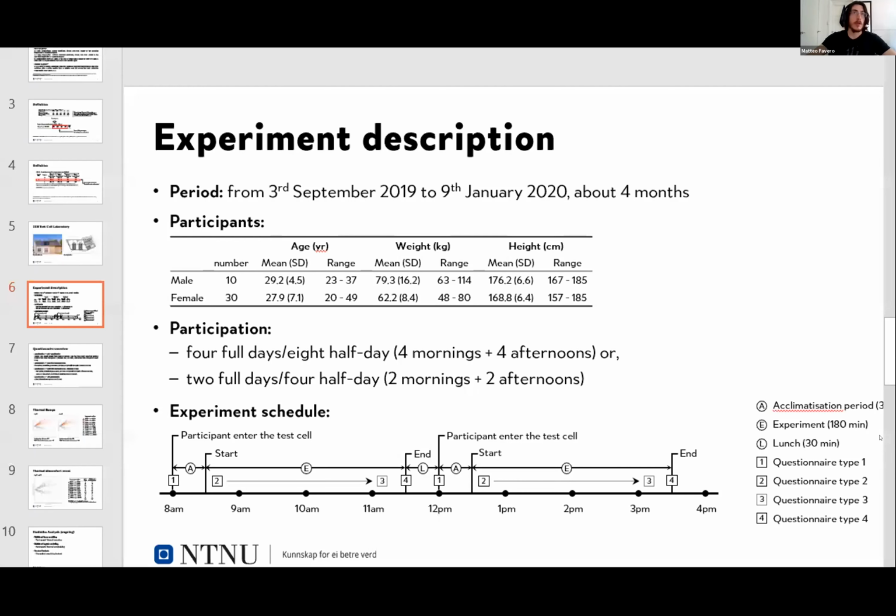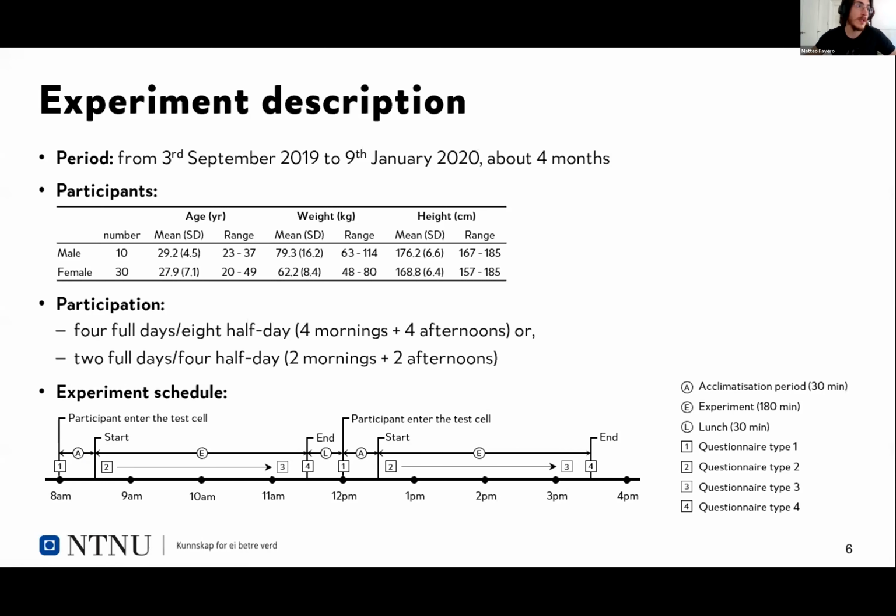Okay, maybe we can share my screen. Can you see the screen? Yeah. Okay, so we start the experiment. The participant enters the cell at 8 a.m. and then has 30 minutes for acclimatization. After that, until lunch, there was the experimental time, so in that period we had the experiment itself.